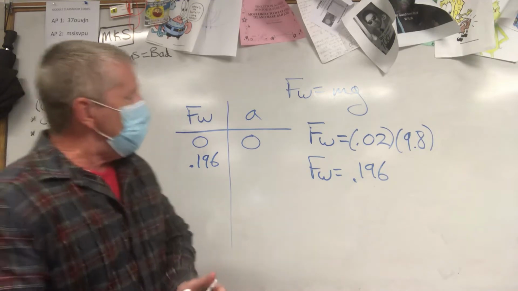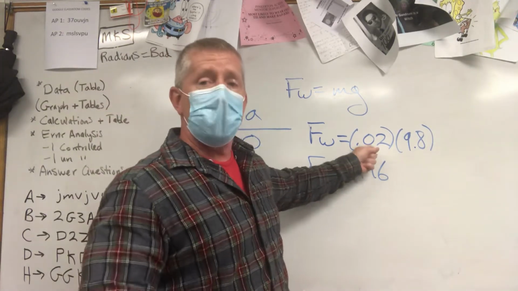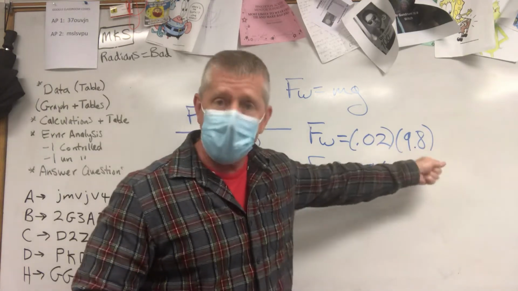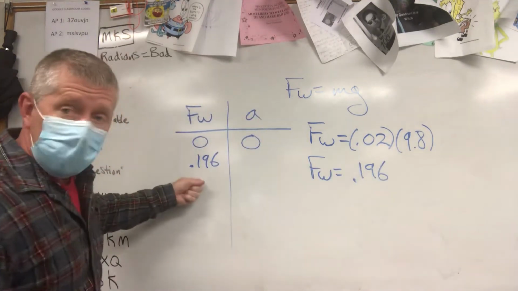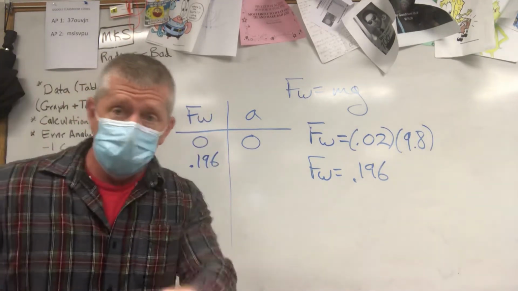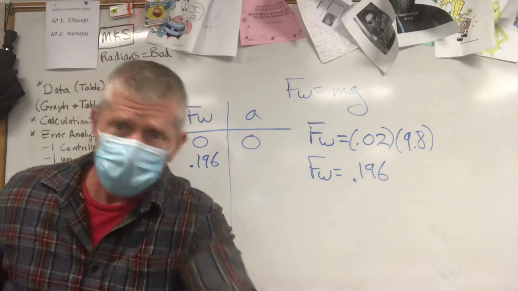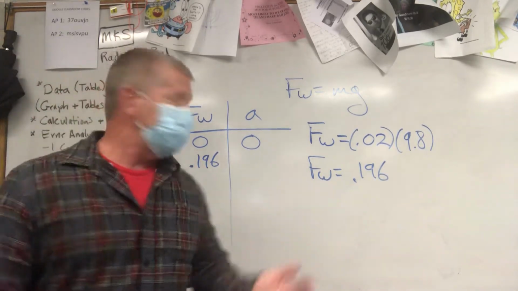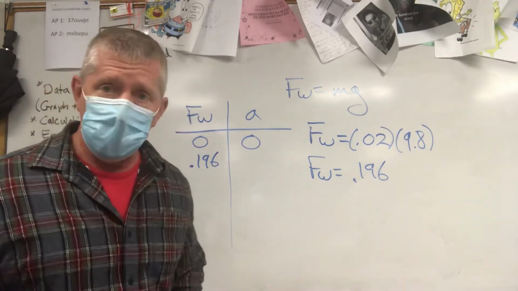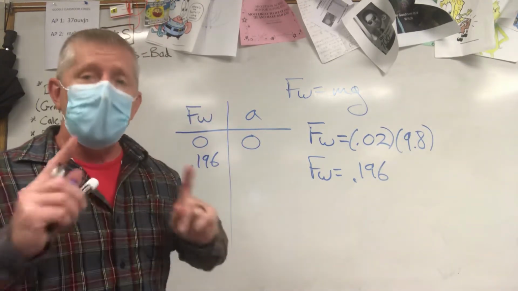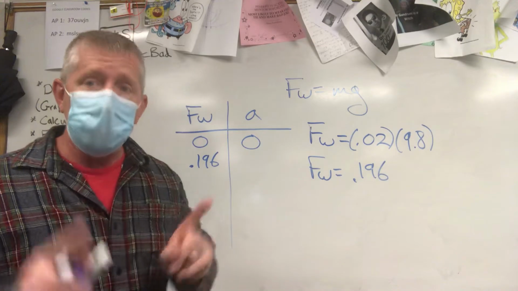Of course, each trial you went down 2 grams, so the next one will be 0.018 times 9.8, and put that number here. Lather, rinse, repeat. Read your shampoo bottle directions. Put those numbers in. You should have 9 or 10 weights. The weight of the hanging mass is what you need. Multiply the hanging mass in kilograms times 9.8.